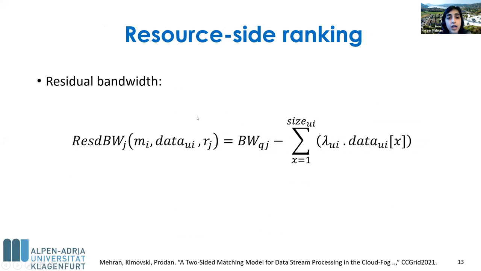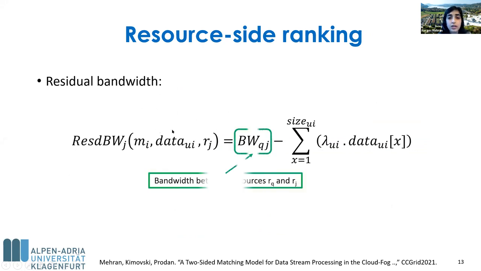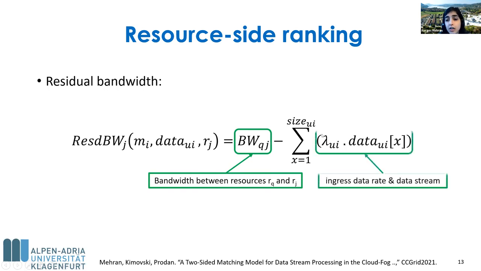And then on the other side, we calculated the residual bandwidth based on the difference, at a specific snapshot of the system, between the available bandwidth and the amount of data that should be generated and received by a specific resource hosting a specific microservice.